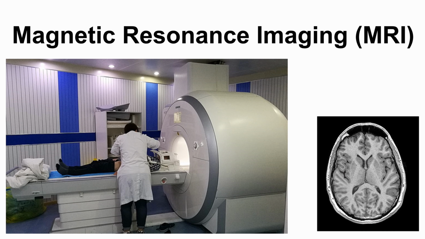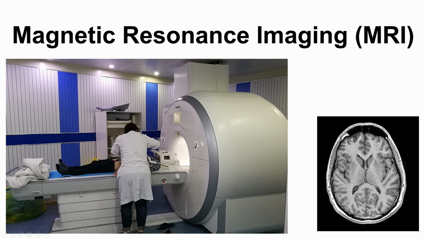The magnetic fields are going to react to different densities and different types of tissues in different ways, which allows us to see the contrast between things like white matter and gray matter, or different structures within the brain. And as you might guess, these structural MRIs are really good at detecting structures.